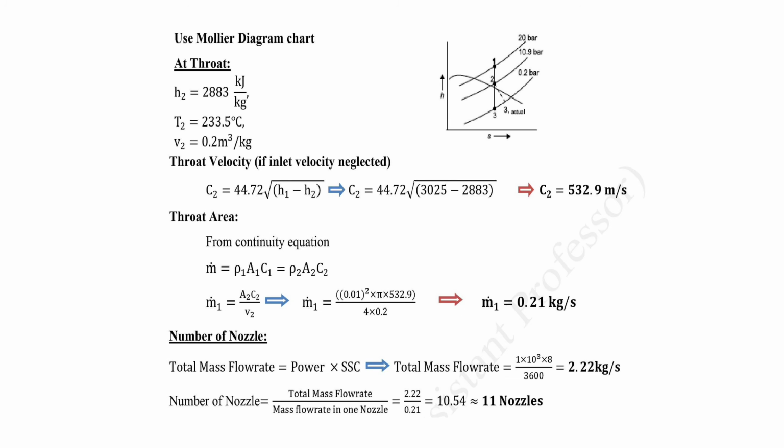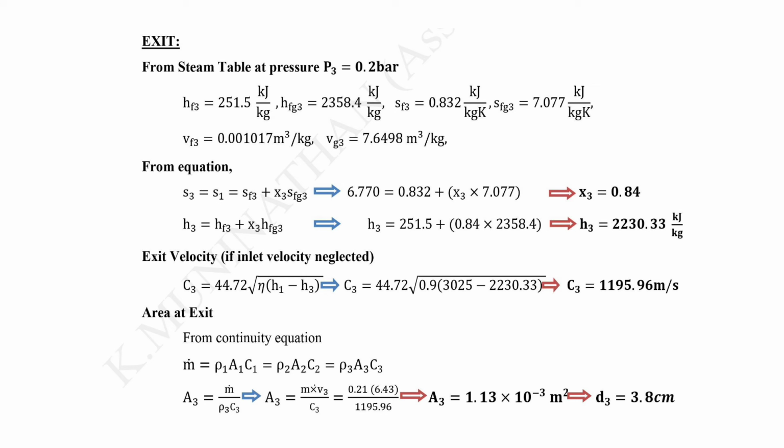Then for the exit section, we know the pressure at 3 is equal to 0.2 bar. From the pressure value, HF3, HFG3, SF3, SFG3, and also VF3, VG3 are obtained from the steam table.